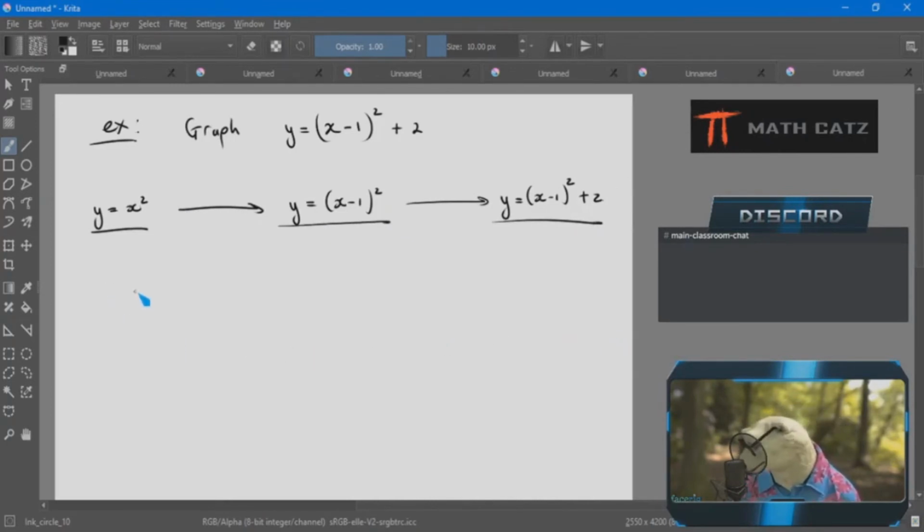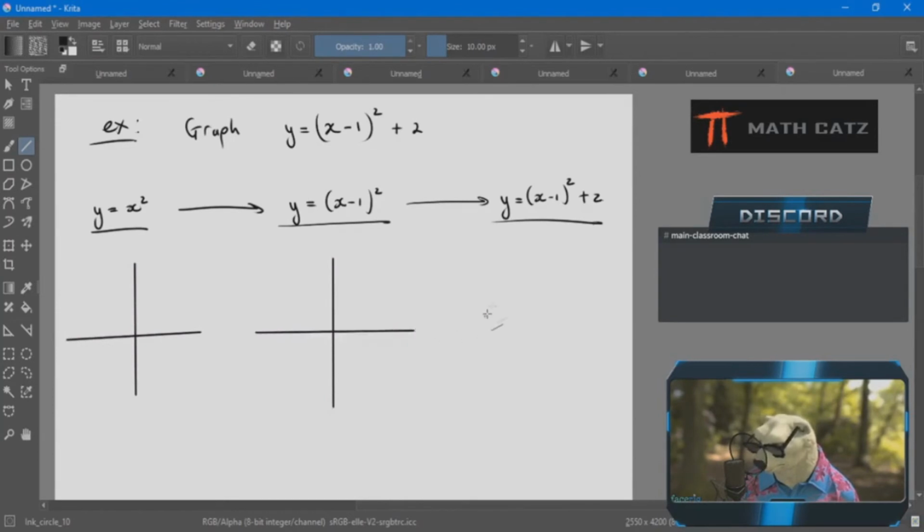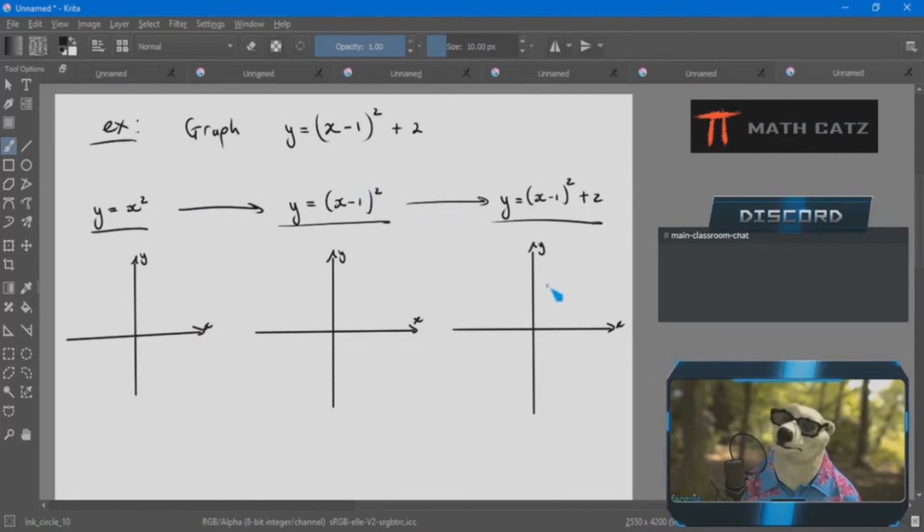So let's have little graphs here. Let me set it up first. When the function is more complicated, I can see it as a sequence of transformations, one after another, so that I can keep track of how the graph changes from the basic wobbly parabola that I know and love.